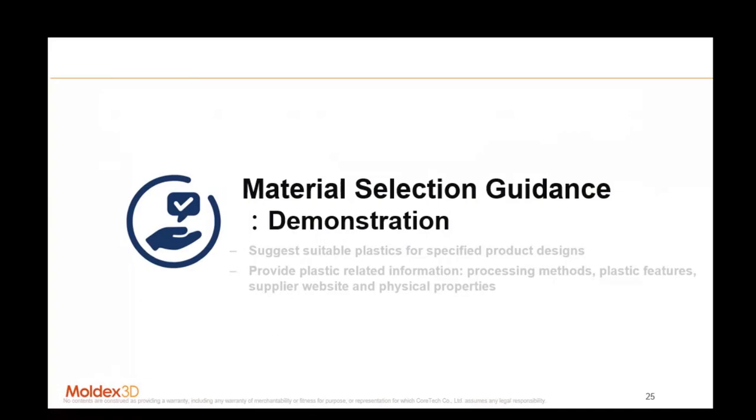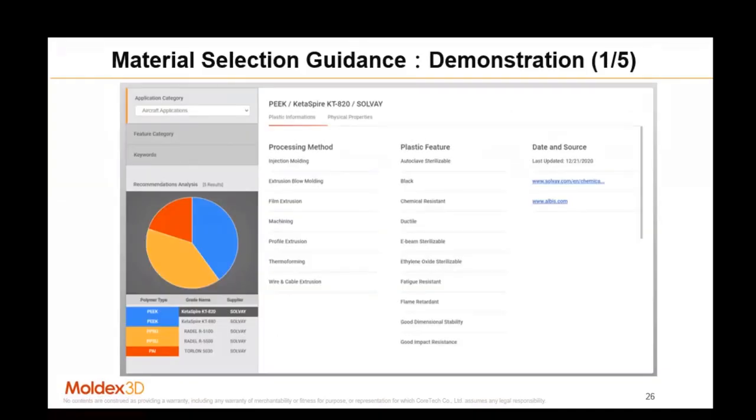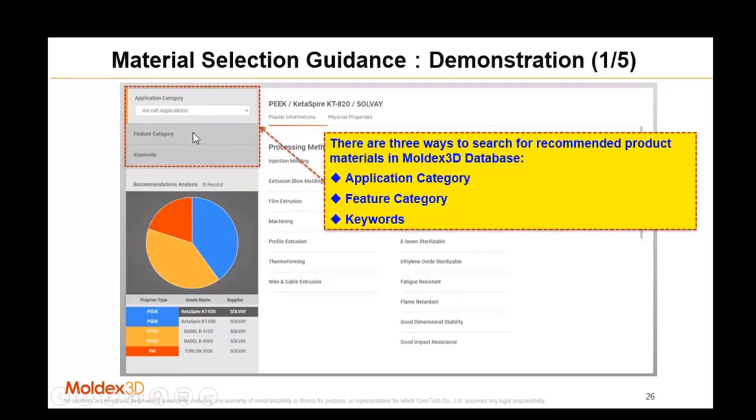Finally, I will demonstrate the material selection guidance in detail. This service kit is very easy. It just considers what your product application is or what kind of features your product has. So you can use the two categories or keywords to search the recommended materials.